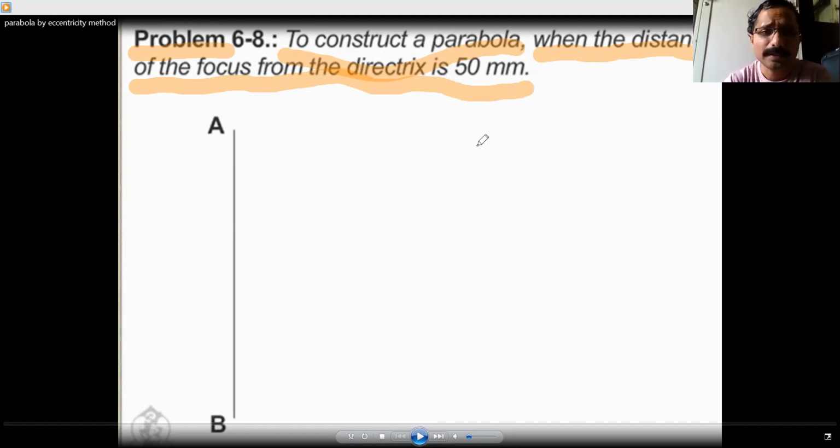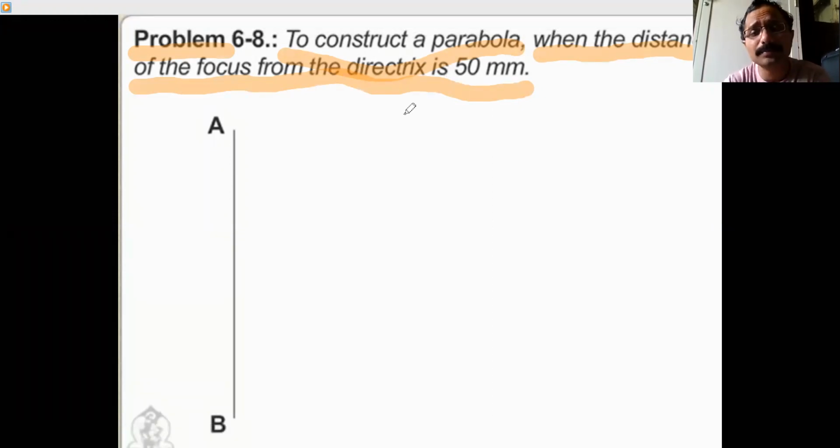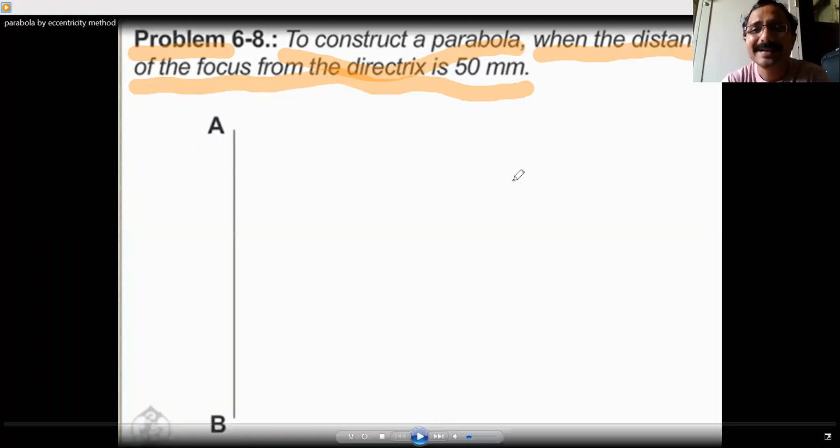As we are using focus and directrix, this method is also called the focus directrix method as well as the eccentricity method, and sometimes it is also called the general method. Now, as per the given data, we'll observe the steps in the animation form.